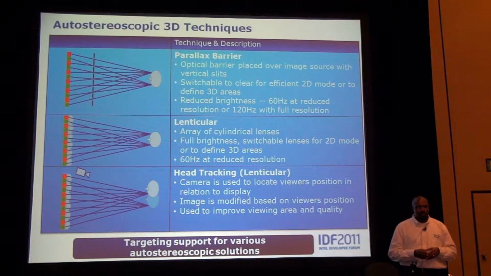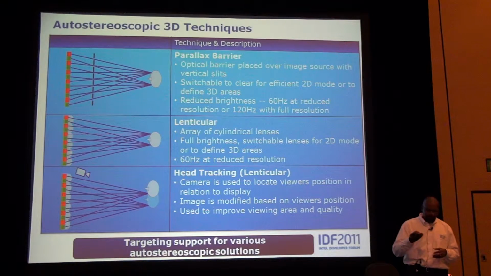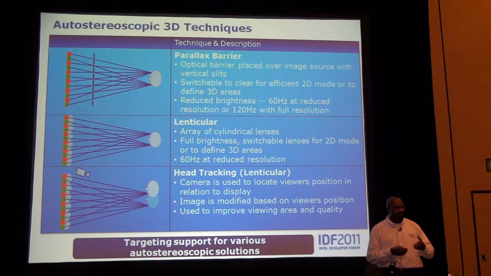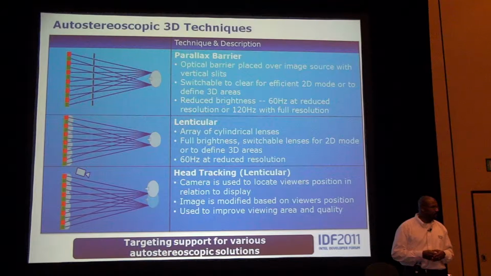It's a barrier that refracts the light associated with each eye. And this barrier can be switchable, so moving from a 3D viewing environment back to a 2D desktop, the barrier can be turned off.